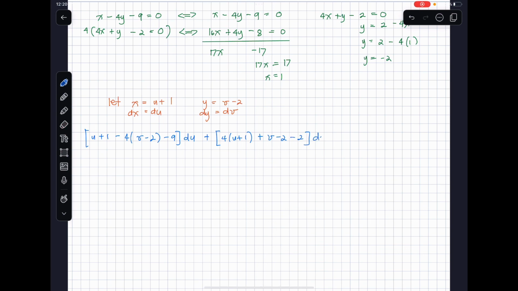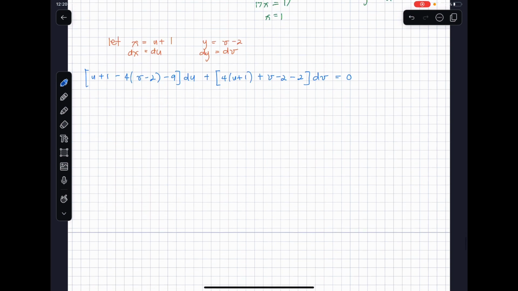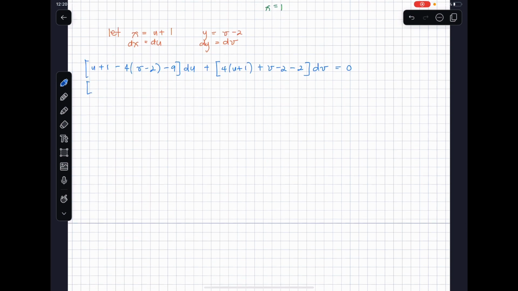So dy will become dv is equal to 0. So we simplify. So u plus 1 minus 4v plus 8 minus 9 du. So plus, you distribute, 4u plus 4 plus v minus 2 minus 2 dv is equal to 0.